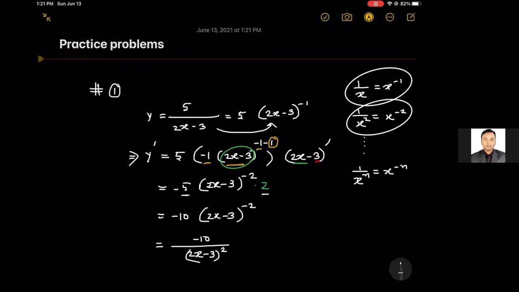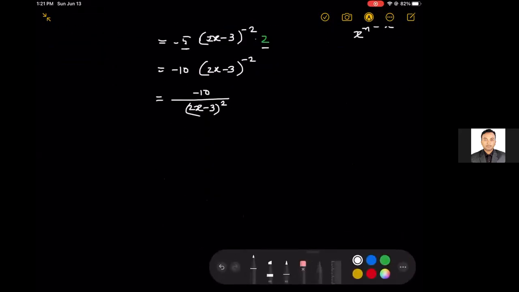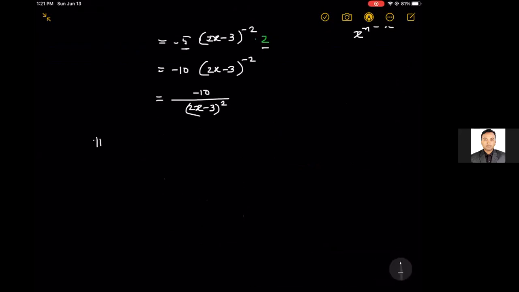The second type of question will be like this. What if you have, excuse me, what if you have a square root function? Let's say a square root of, let us use the same function, 2x minus 3. What if you have something like that?